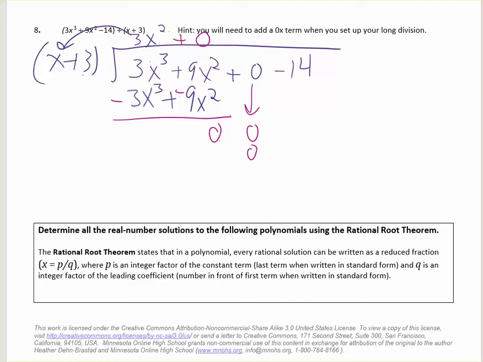This one's very strange. And 0 times x plus 3 is 0. So basically you're just going to bring down your minus 14 here, and that will be your remainder. I'm out of room to write that. So our answer for this one would be 3x squared minus 14 over x plus 3. That one ended up being a weird looking problem.